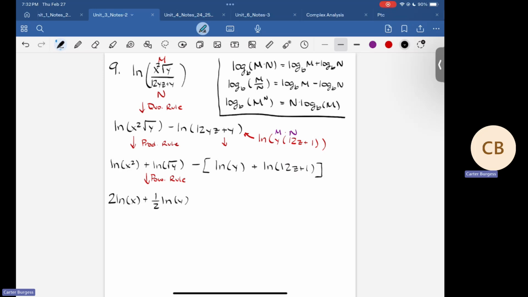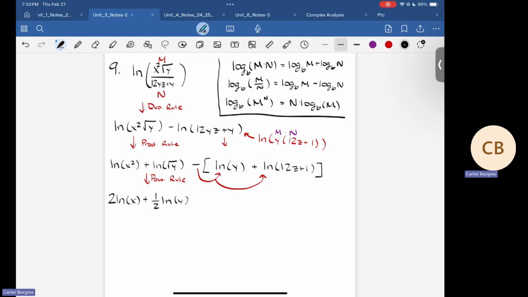And the ln of 12z plus 1, we're not going to be able to do anything with that. You'll notice that there is not any more factoring that we can do. That is just going to be as is. This would be a perfectly fine representation, but you could also distribute this negative all the way through. Important to make sure that that negative is applying to everything that that logarithm becomes.